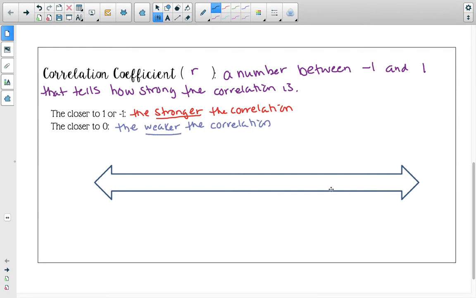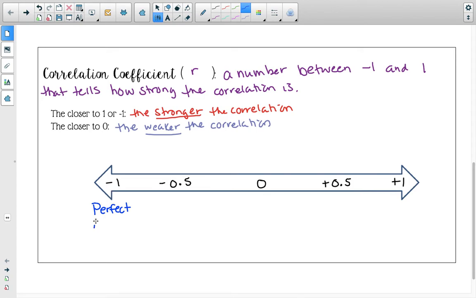So if we have a number line here, I would have my -1 and my +1. I have my 0 in the middle, but I might have values somewhere in between. So I might have that -1/2 and maybe a +1/2. So if we're talking about these, we know that at -1, this is going to be perfectly linear.